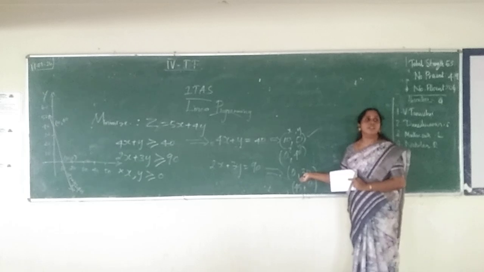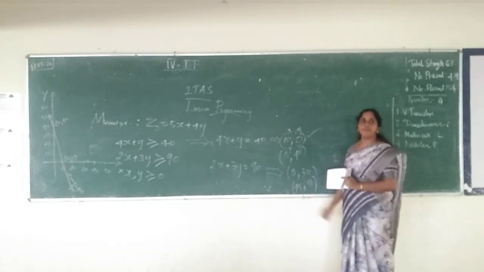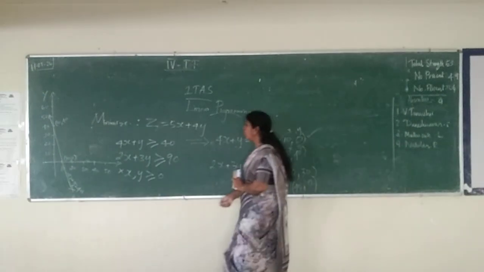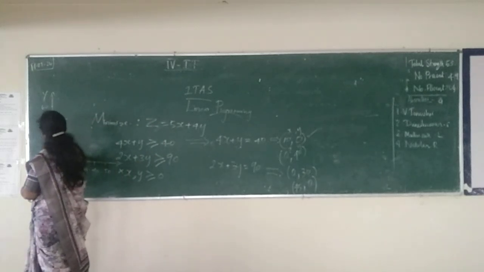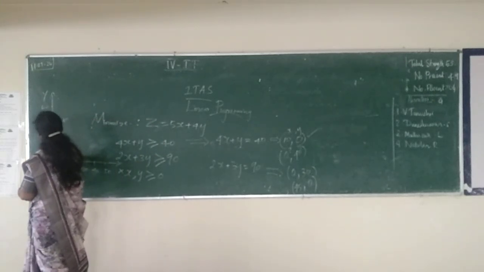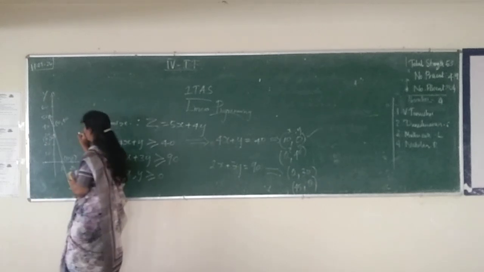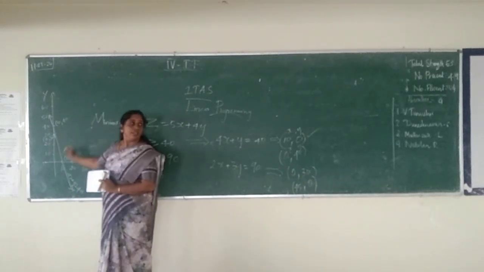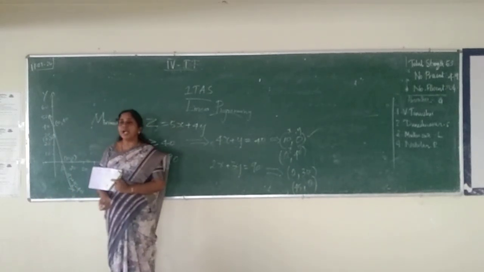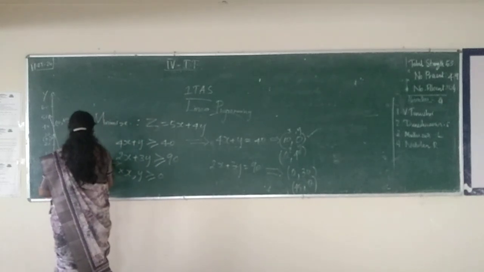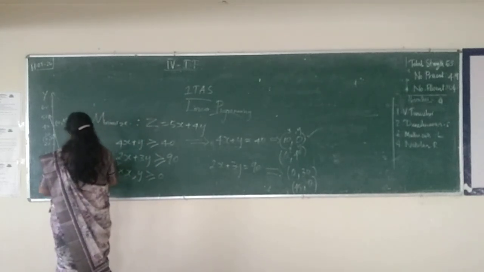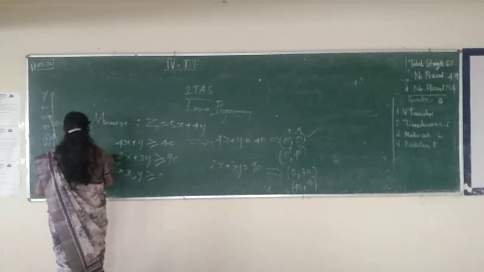So when you plot these 2 points in the graph, 0, 30 and 45, 0.